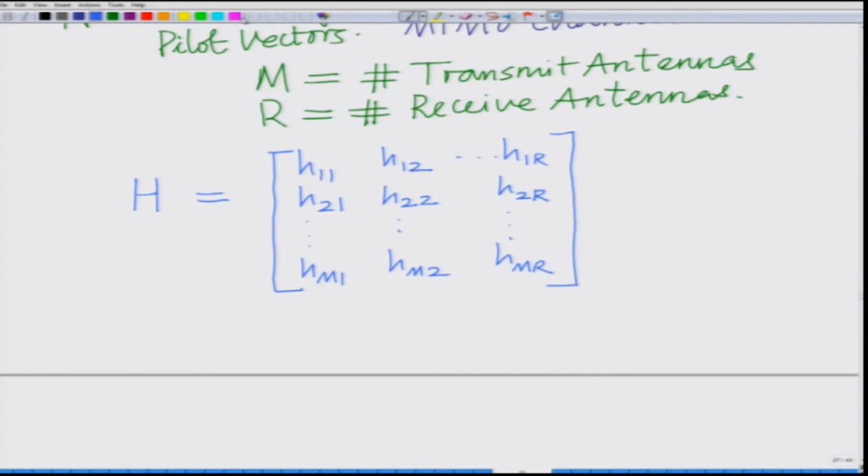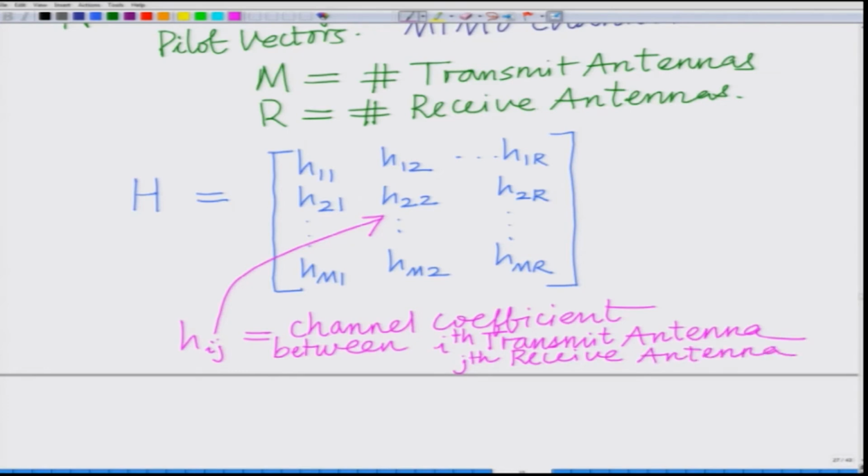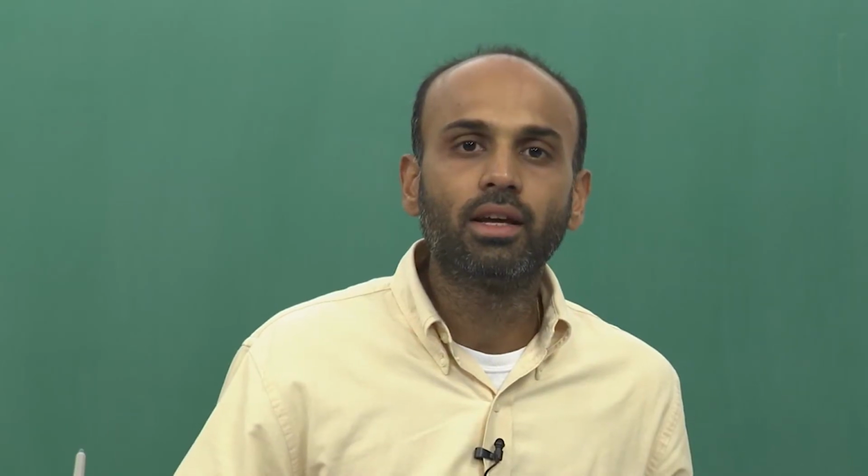And we have also said that Hij is the channel coefficient between the ith transmit antenna and the jth receive antenna, alright.